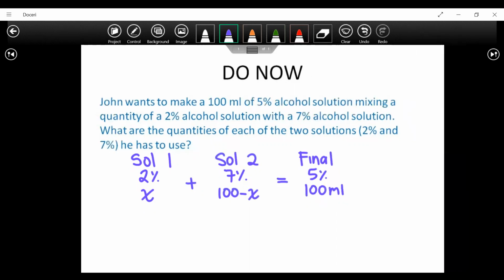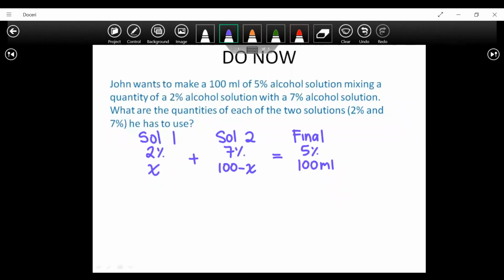When we write this out, we're going to write our solutions as 0.02x, it's 2%, plus 0.07 times the quantity 100 minus x is equal to 0.05 times 100.